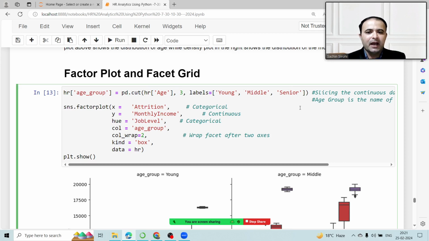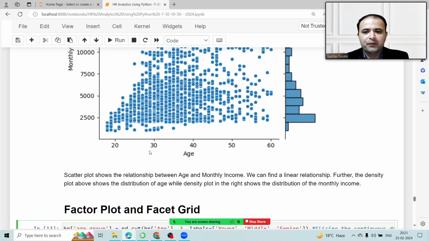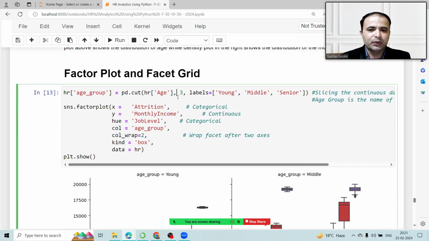Basically I'm labeling the age as young, middle, senior, because we have four columns. So I want to label them, the age into three labels: young, middle, senior, slicing them with the help of the cut function.